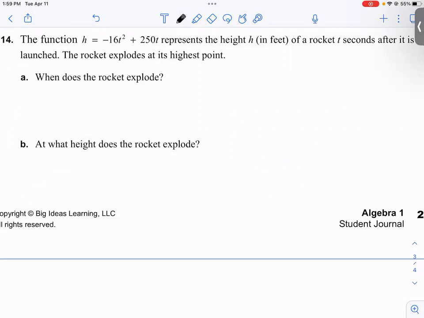The rocket explodes at its highest point. What is it asking you for? T. The highest point, the maximum. So what do we need to find? We need the vertex, okay?